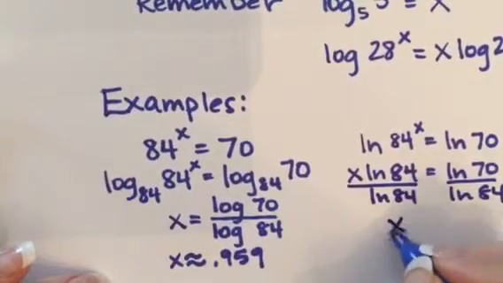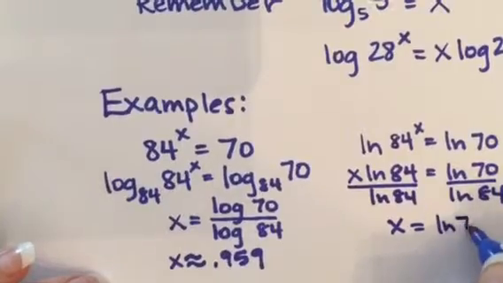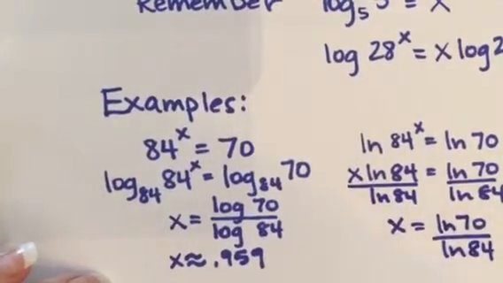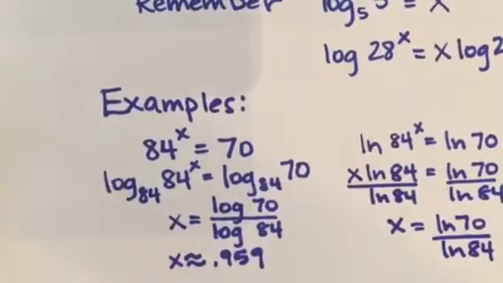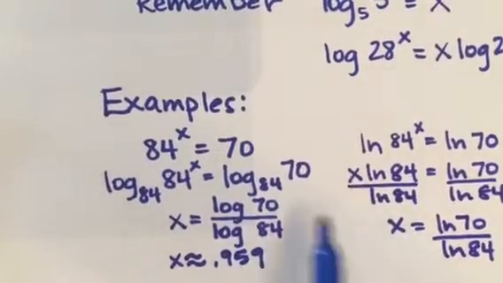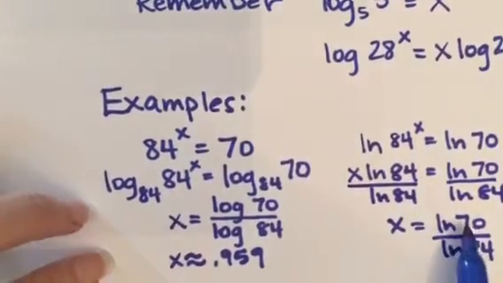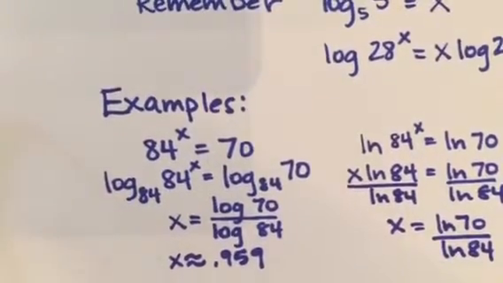So x is equal to the ln of 70 divided by ln of 84. Notice that these two ratios both have log of 70 over log of 84. One is a common log, one is a natural log, but when you divide them, you do get the same result. Okay, so two different ways of handling this equation.